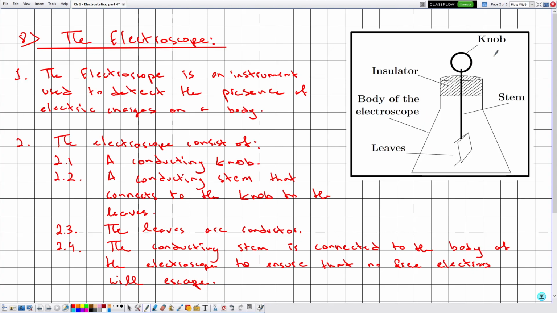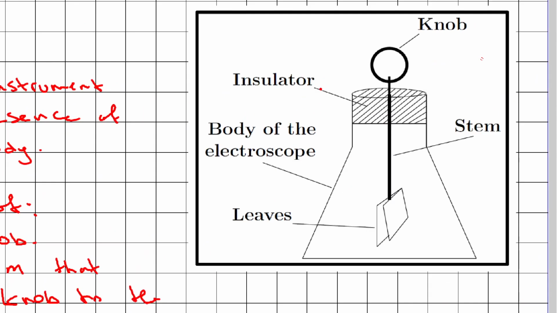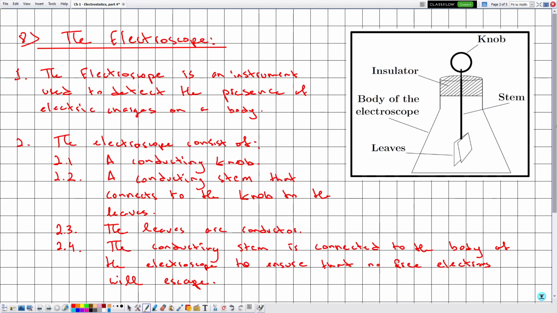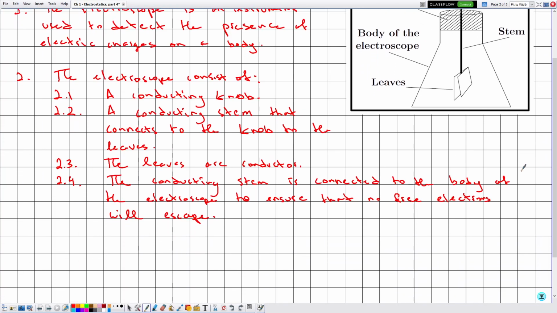So notice that the knob, stem, leaves conducting system is connected to an insulator in order to ensure that electrons won't escape.